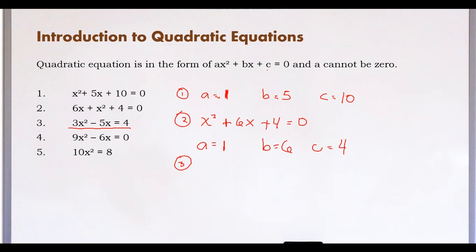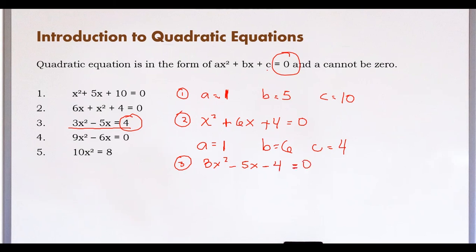As you can see, the value on the right side is 4, where the standard form should be equal to 0. So again, we need to arrange this. To do that, we start with the quadratic term: 3x squared minus 5x, and then minus 4 equals 0.